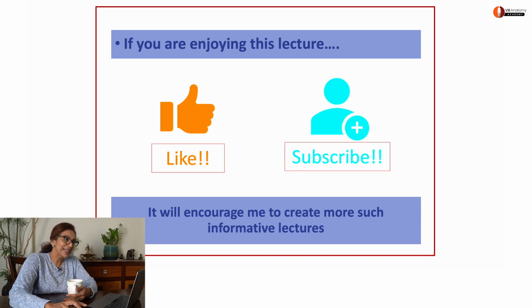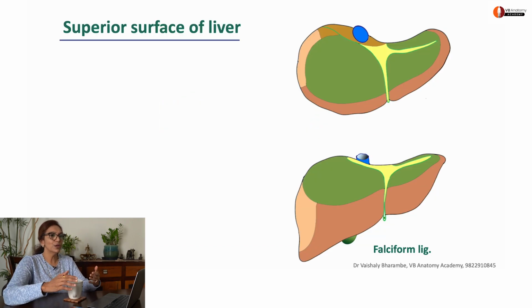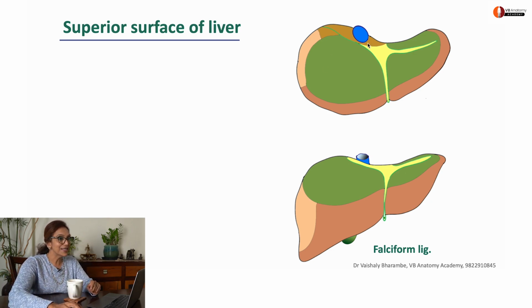Thank you. Let's continue. So we've done the anterior surface. Let's just go up. Okay, so now looking at liver from above. So this green colored surface, it's only colored for your understanding, is the superior surface of liver. You can see how falciform ligament gets attached and then divides into a layer that goes to the left and a layer that goes to the right.